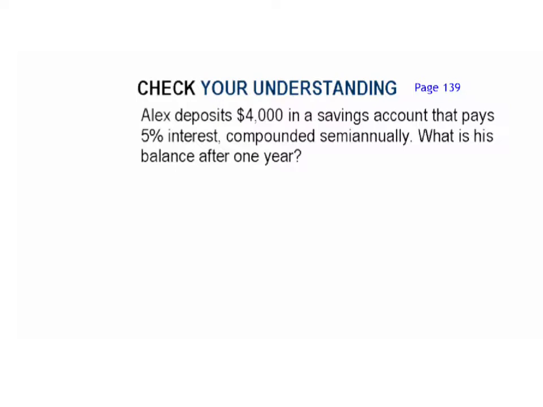Here's another problem, same idea. It's going to be, again, I equals PRT. In this case, 4,000 times 0.05 times 0.5. We plug that into our calculator. It equals $100.